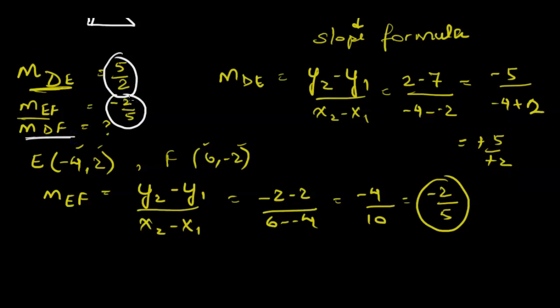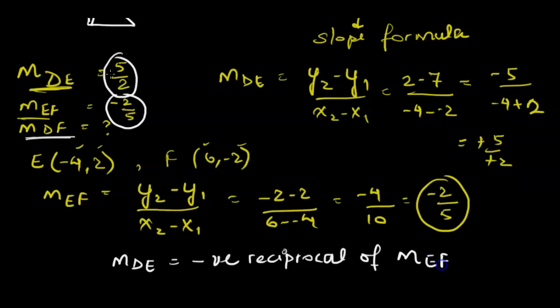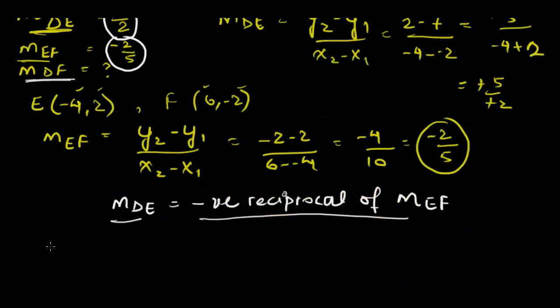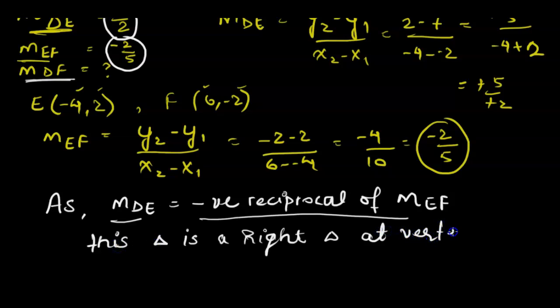The slope of DE is 5 over 2 and the slope of EF has the opposite sign: here it's positive and here it's negative, and the numerator and denominator are flipped. Since the slope of DE is equal to the negative reciprocal of the slope of EF, this triangle is a right triangle at vertex E, because vertex E is common to both DE and EF.